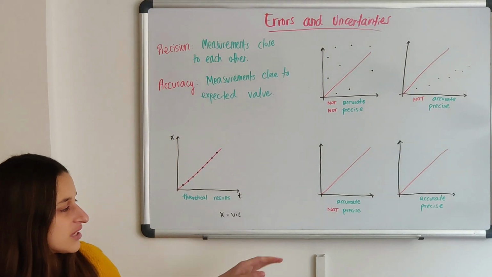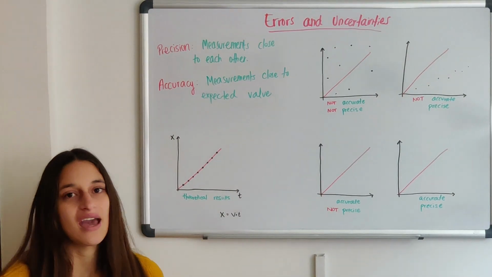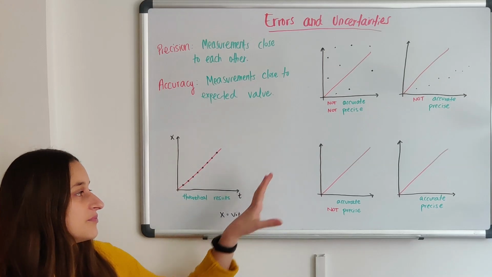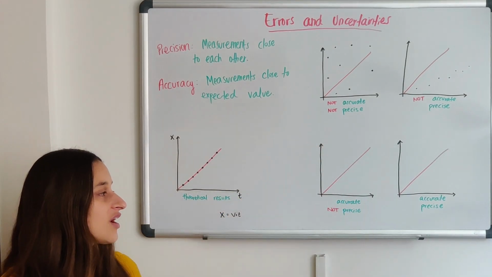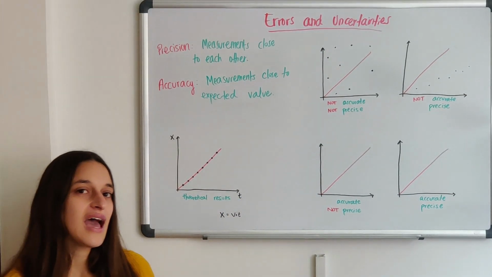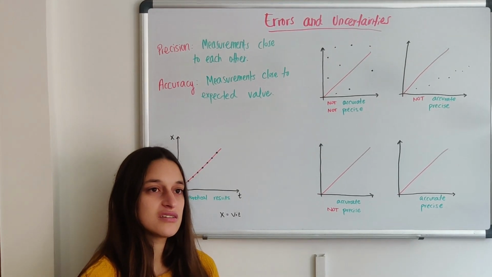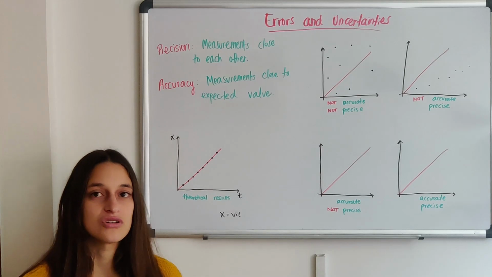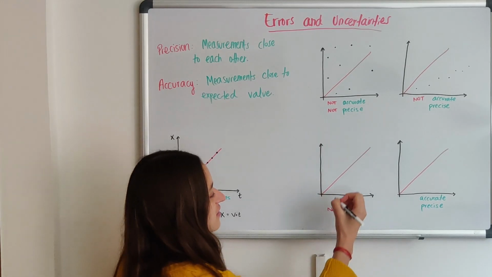Now we can have data that is not precise but is accurate. That would mean that the data is spread throughout the graph, but it's accurate enough that if you were to take some averages, you would get the right amount of speed. So something like this.